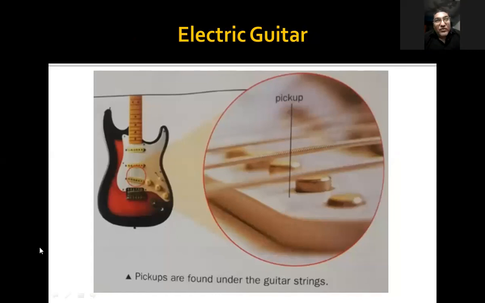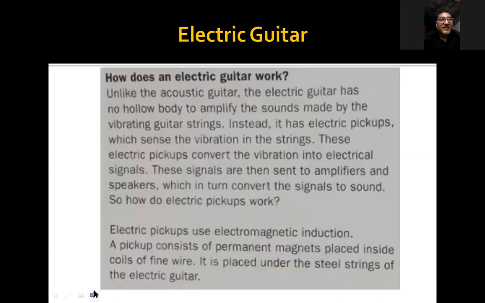So what happens when you touch the strings of the guitar? That string moves left to right, left to right. It may move a little bit upward and downward also, but it will be moving left to right. But it will vibrate. What is under this pickup? Let me move to the next thing.